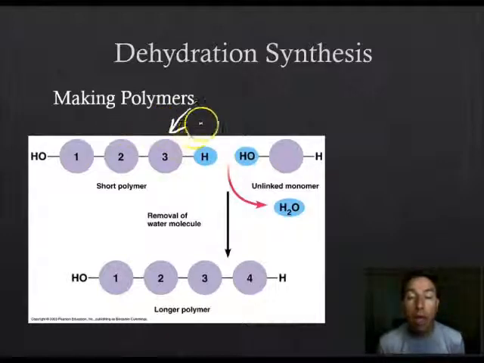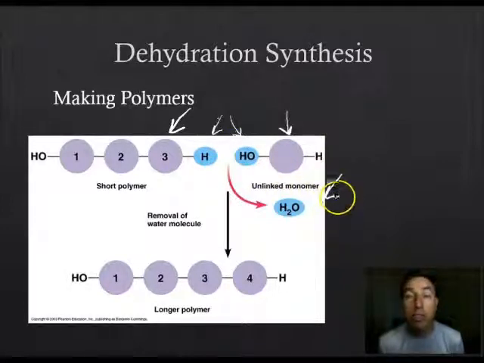And so at the end of the polymers, usually part of the glucose molecule has a single hydrogen somewhere, or it has a single hydroxyl group here. And so what happens is that during this reaction, we add a polymer to another monomer, which is this one here, another glucose possibly, and in the process, the combination of this hydrogen and this hydroxyl group create water.